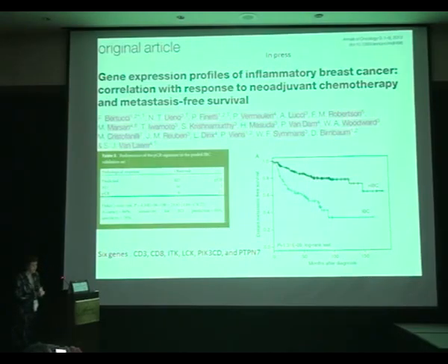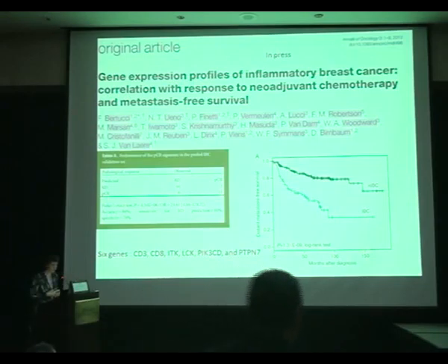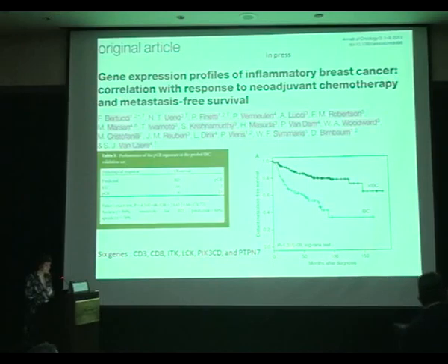The last work that has been published by the International Consortium, it's still in press, looked at the signature of response to neoadjuvant treatment. It's a signature of 6 genes. You can see here that a large part of the signature is immune genes, and the other part is PI3K pathway.